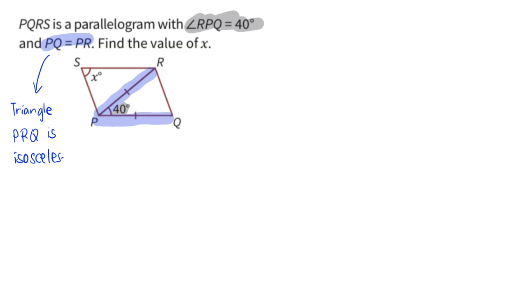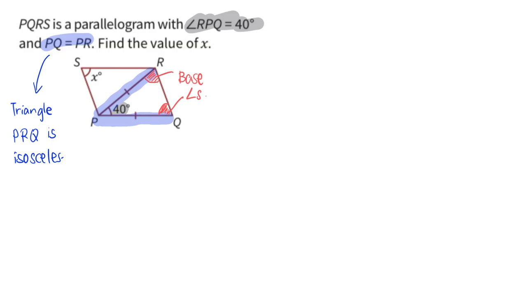And isosceles triangles have a very special property in that, yes, this is what we call the base angles of an isosceles triangle. They are equal to each other.